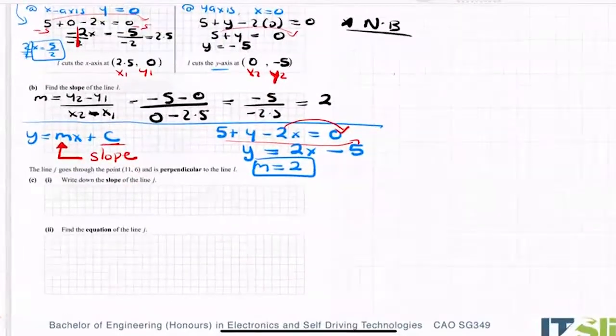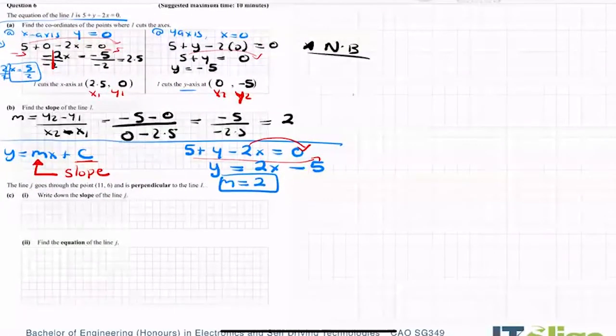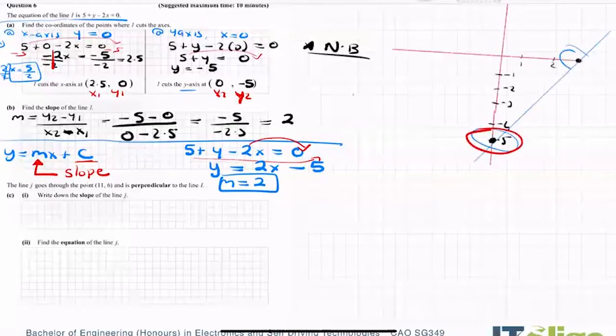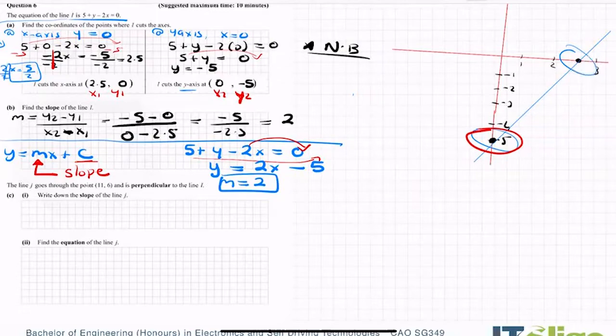The line J goes through the point (11, 6) and is perpendicular to the line M. Maybe I shouldn't have been so quick to rub that one off. Okay, the line J goes through the point (11, 6).